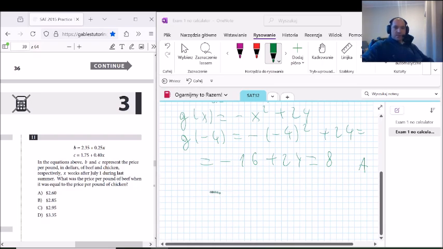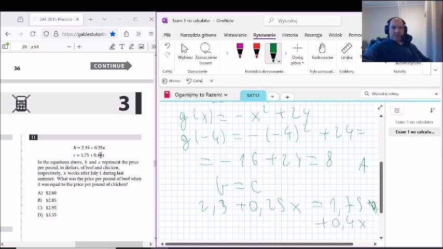Okay, so we want to know what was the price when B equaled C. So we can substitute those formulas for B and C, and we get 2.35 plus 0.25x equals 1.75 plus 0.4x. The 0 at the end doesn't change anything, so we can just not write it.